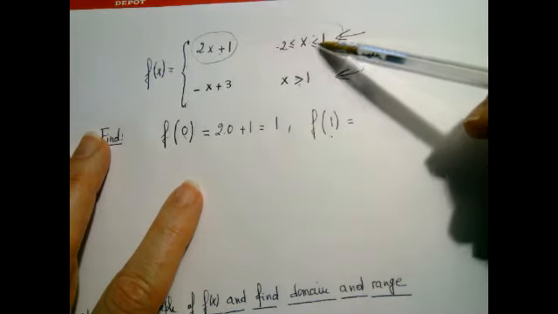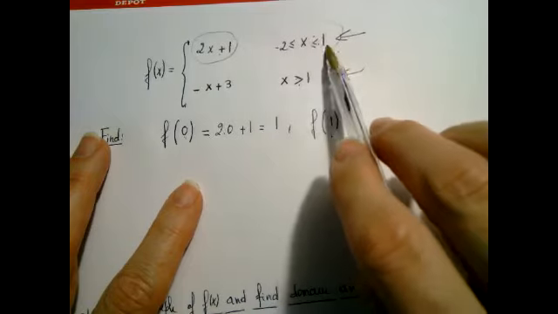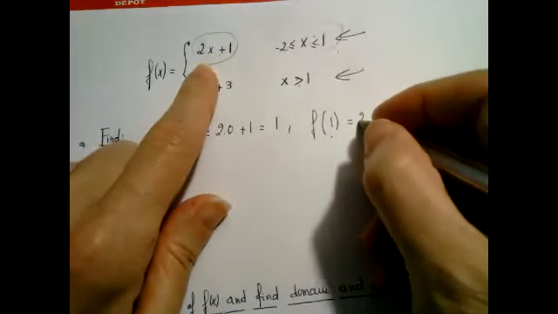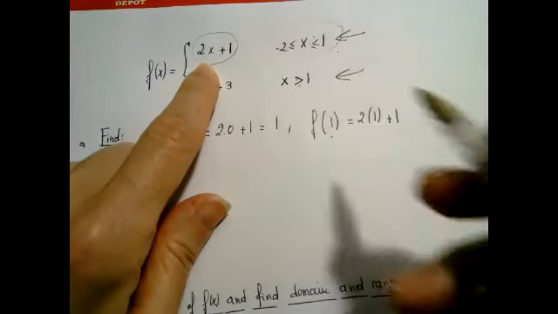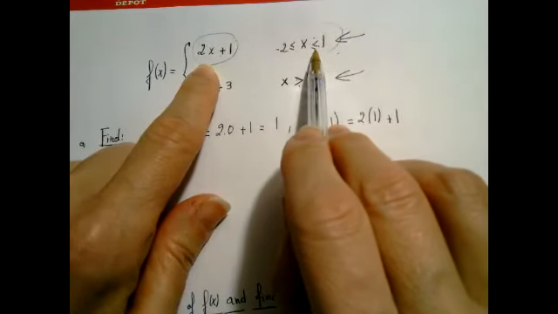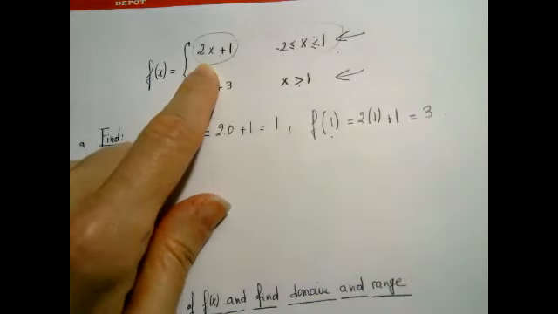Because I have equal, it satisfies that one, because 1 is less than or equal to 1. So I'm in right here. f of 1 is going to be 2 times 1 plus 1. It follows this rule because 1 is not bigger than 1, it's equal to 1. So it's within this range, and it's equal to 3.